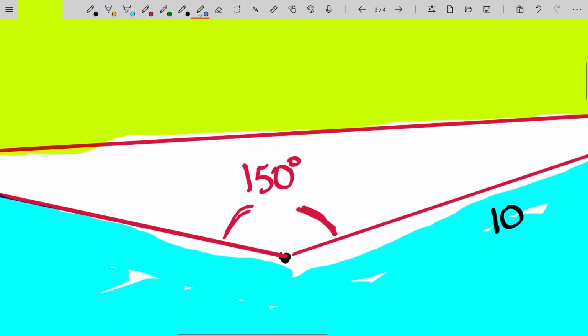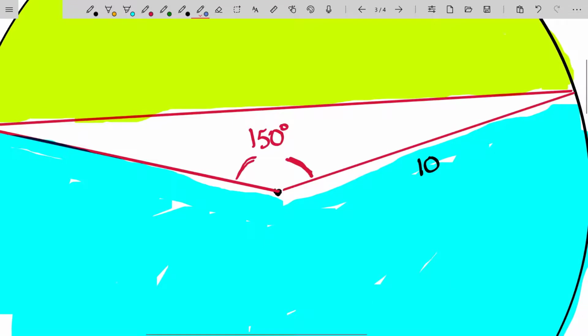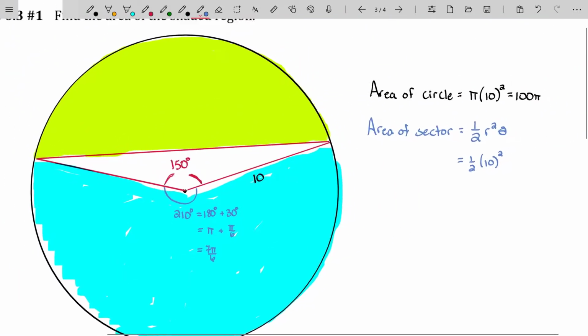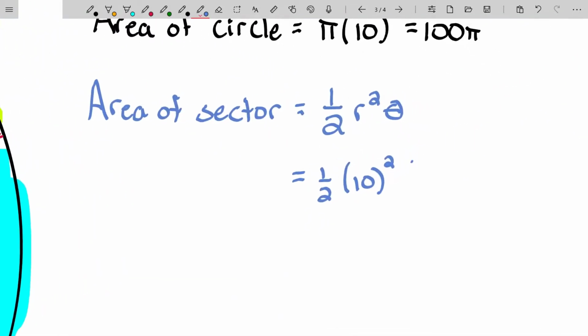So 360 minus that is 210. So I know that this angle right here is 210 degrees. That's 180 plus 30. And so that would be pi radians plus pi over 6 radians, or in other words, 7 pi over 6. That's going to be very helpful for us. So that's the radian measure of that angle, 7 pi over 6.